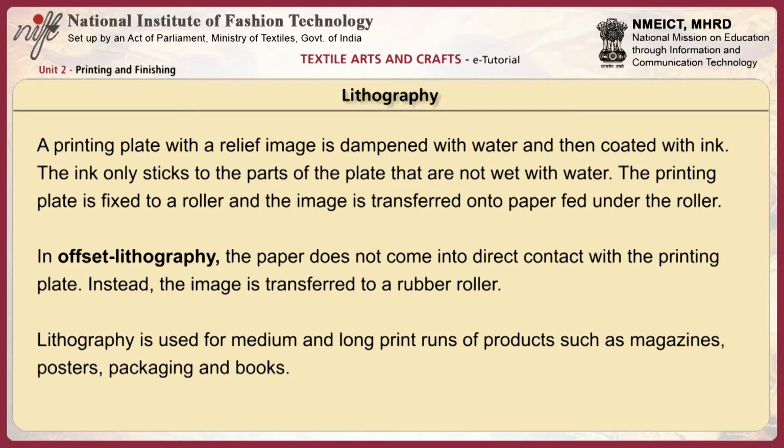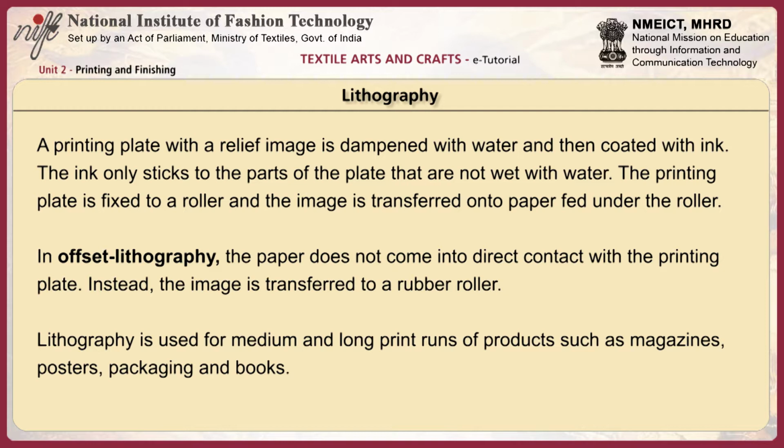Lithography. A printing plate with a relief image is dampened with water and then coated with ink. The ink only sticks to the parts of the plate that are not wet with water. The printing plate is fixed to a roller and the image is transferred onto the paper fed under the roller.